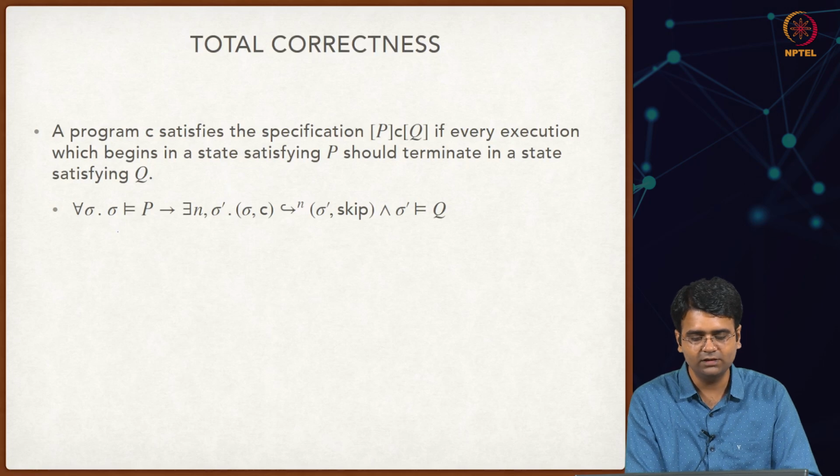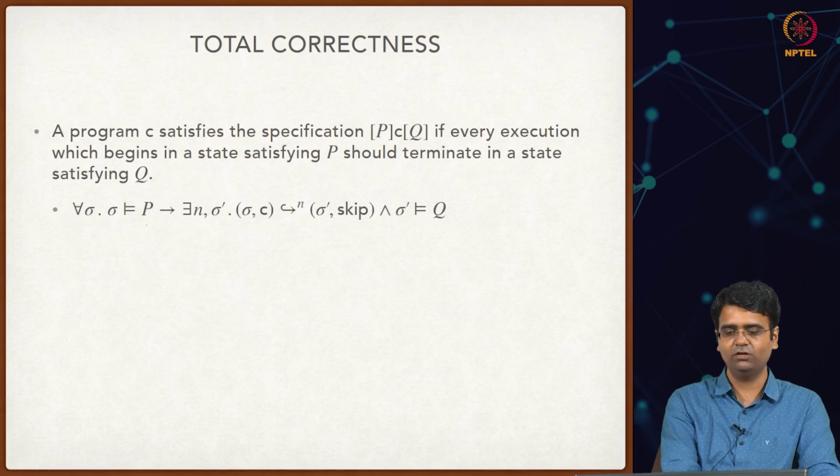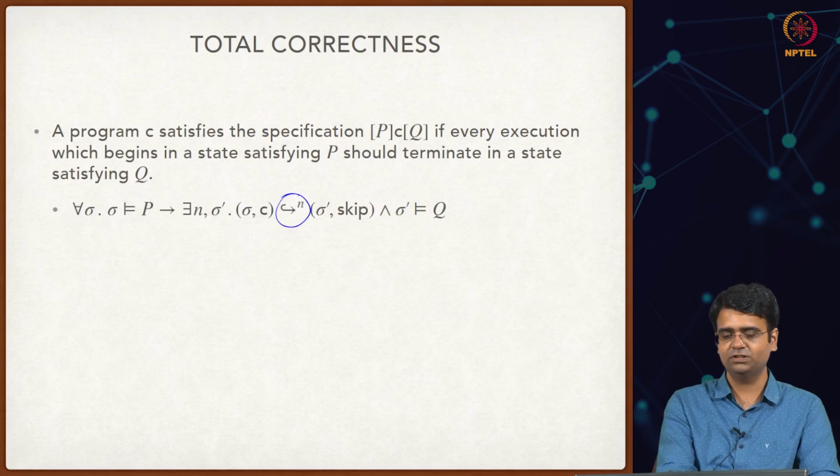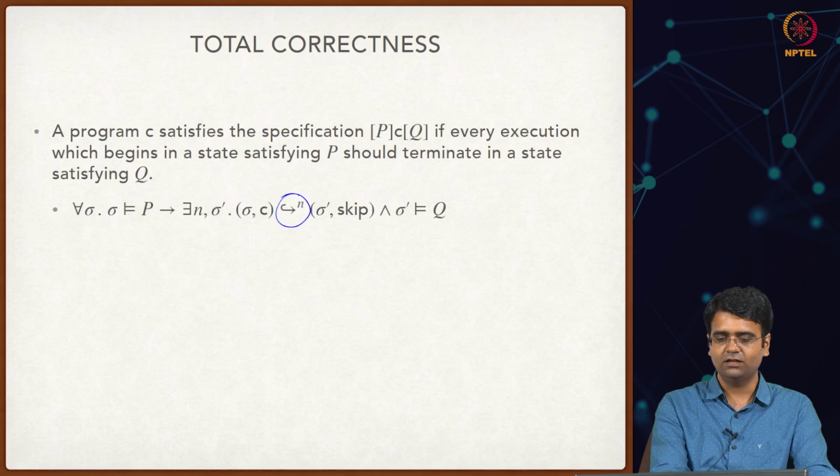So I am saying that for all sigma such that sigma is a model of P, sigma satisfies P, there exists some n and some sigma prime such that sigma C will definitely go in n steps. I am using this transition arrow with n in the superscript, which means that I am taking n transitions.